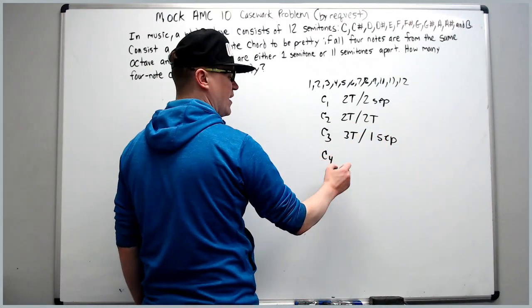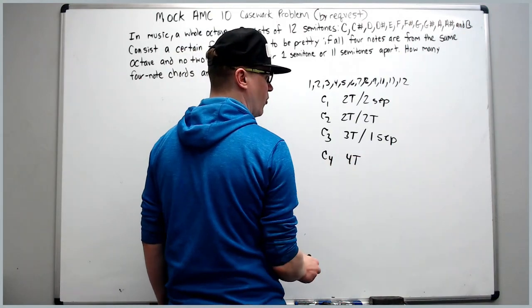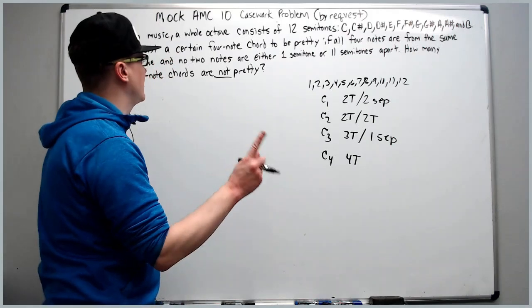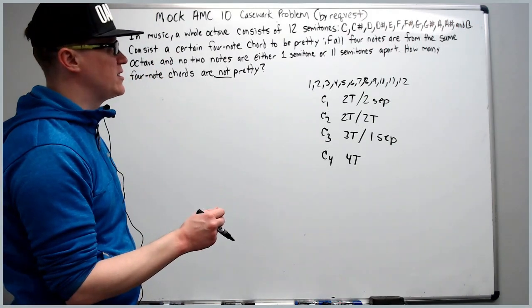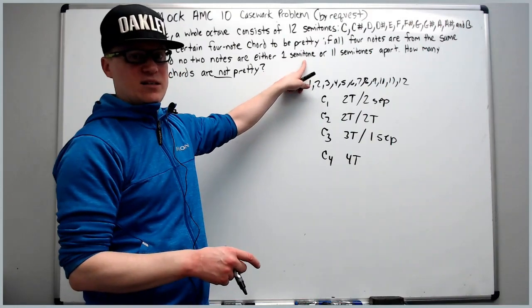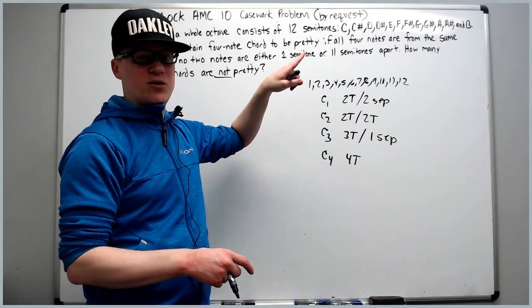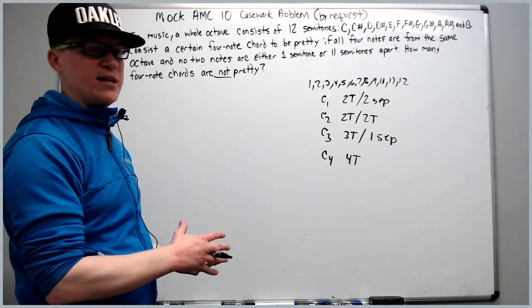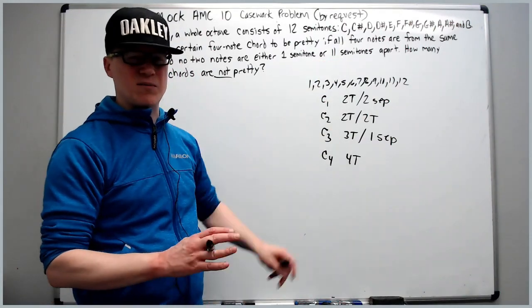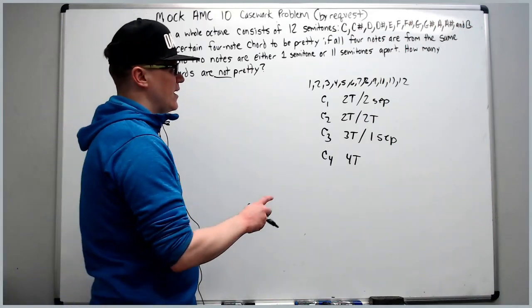And the last case will be if there's 4 together. Now, these are the cases for the first classification of a not pretty tone, which is that they are 1 semitone apart. These are the 4 cases to consider that. We'll worry about the 11 semitones at the end.